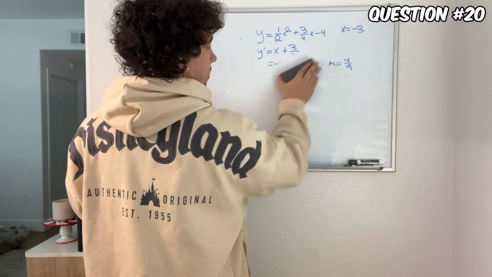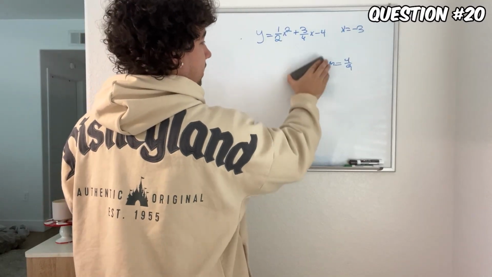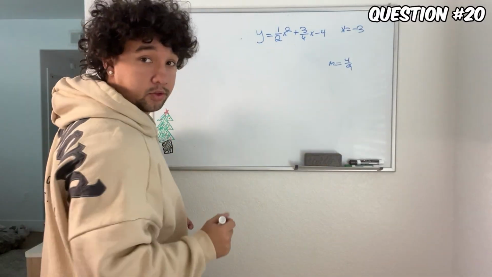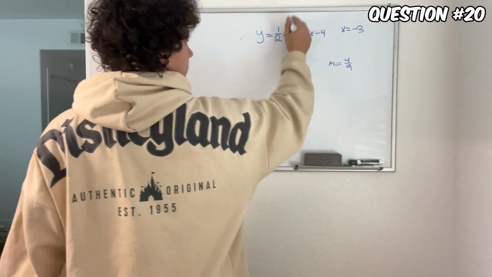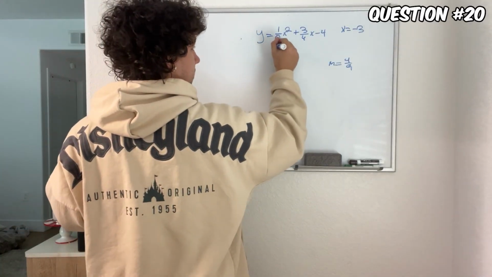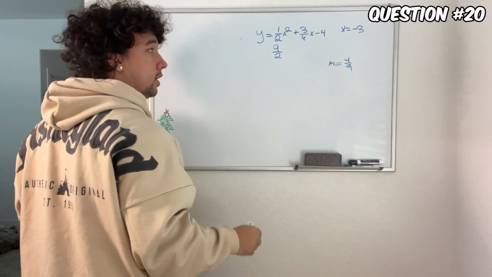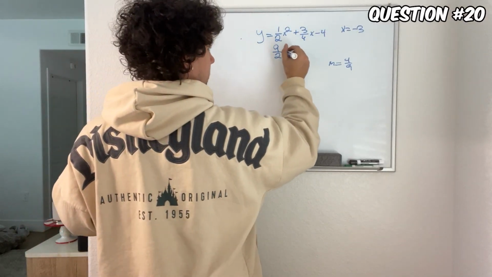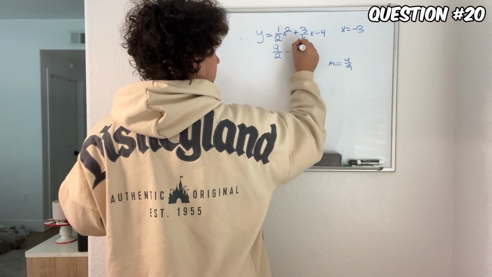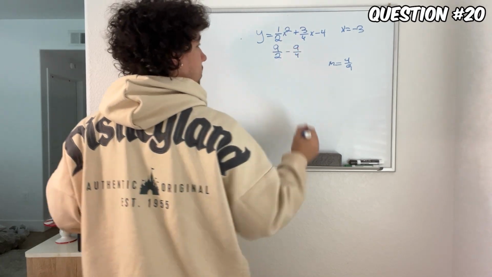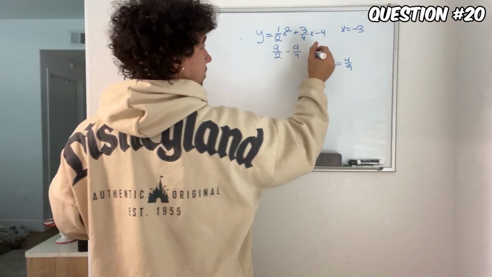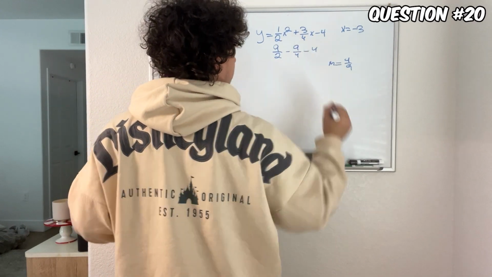All right, so next thing here. I got to plug in my point. So let's go through the math together. Negative 3 squared is 9. 9 times 1/2 is just 9 halves. Negative 3 times negative 3/4 is going to be minus 9/4. Minus 4, well, that doesn't get affected whatsoever.